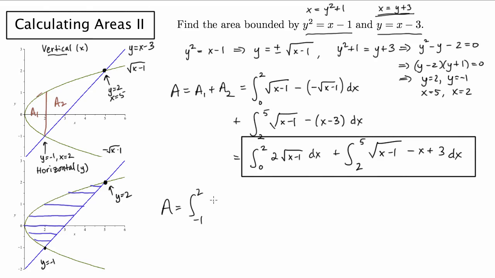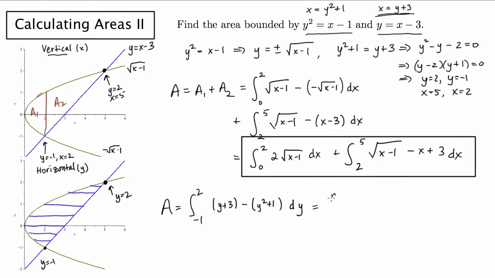And so the right function in this case, I have to write it as a function of y, and as a function of y, the right-hand side is y plus 3. And as a function of y, the left-hand side, we have it right here, is y squared plus 1. And remember, I'm integrating with respect to y.